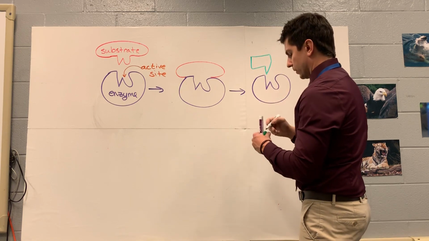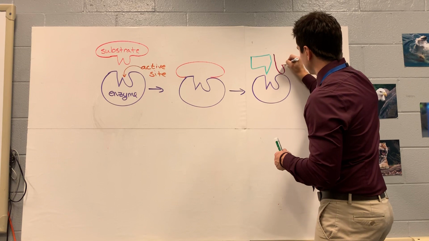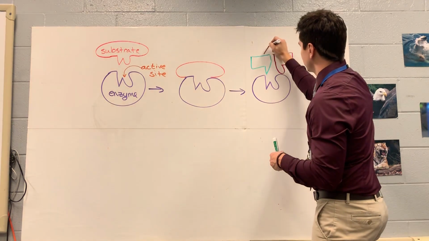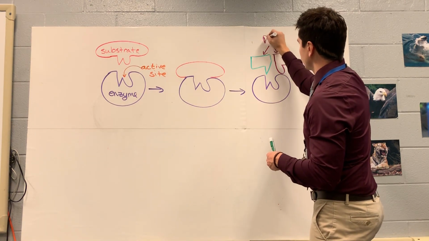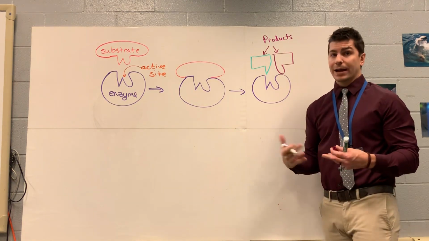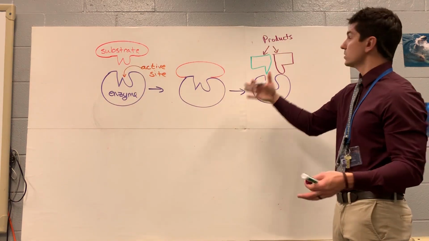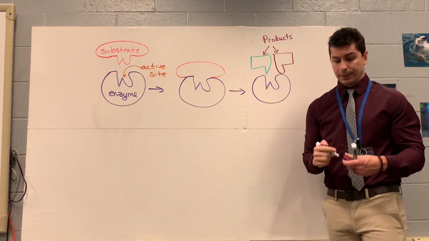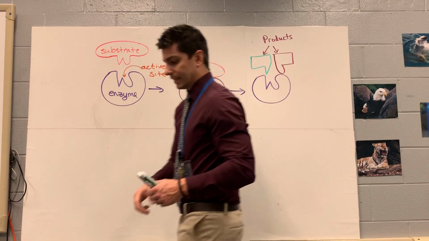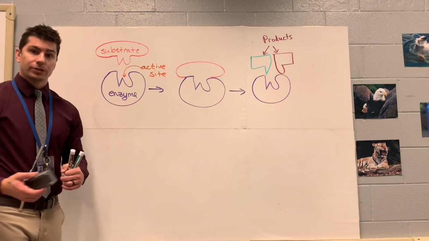So here will be one product, and here will be another product, okay? So the goal of these enzymes, guys, is to lower the amount of energy we need for a reaction to occur and to convert the substrate or the reactants into products, okay? Like I said, guys, enzymes do this by lowering our amount of activation energy.